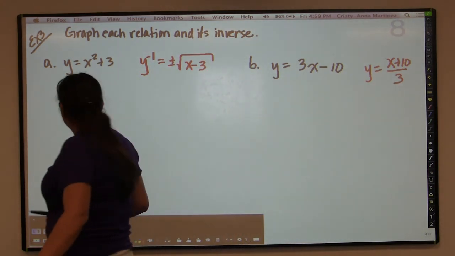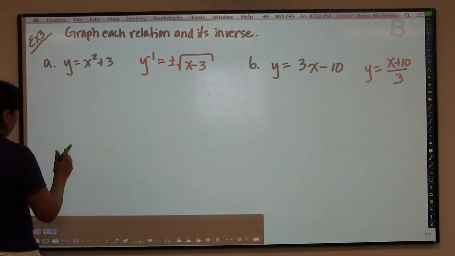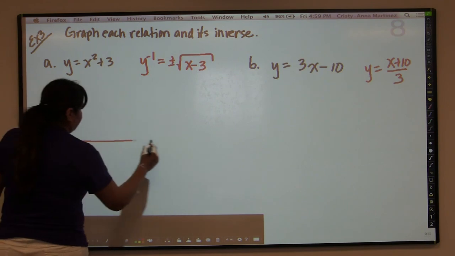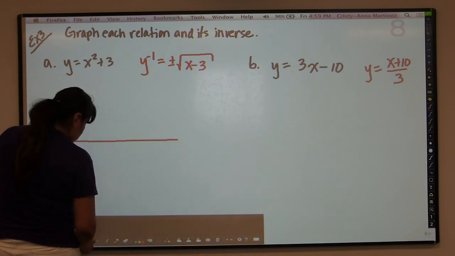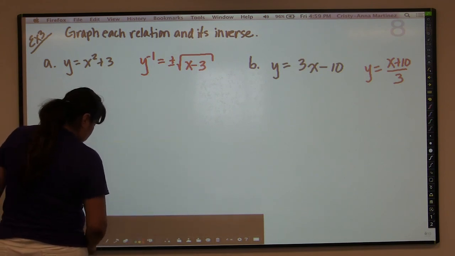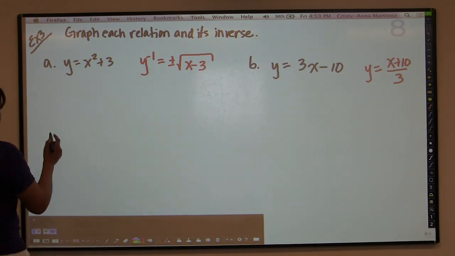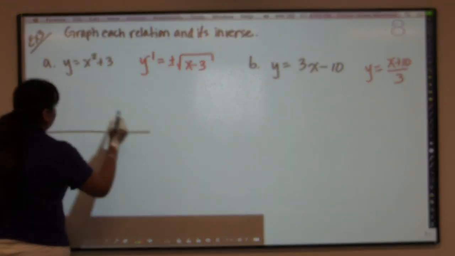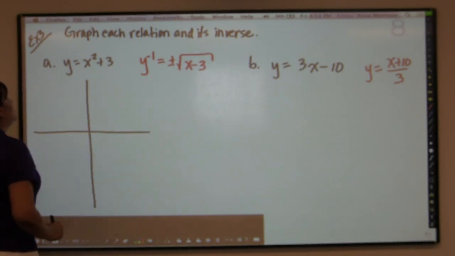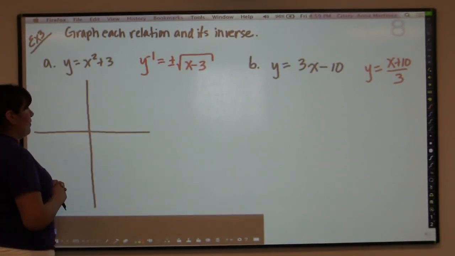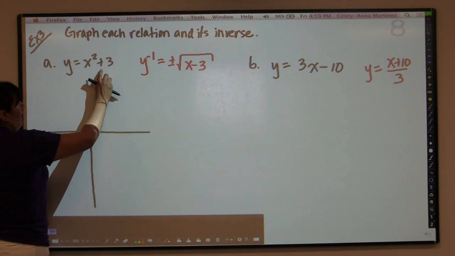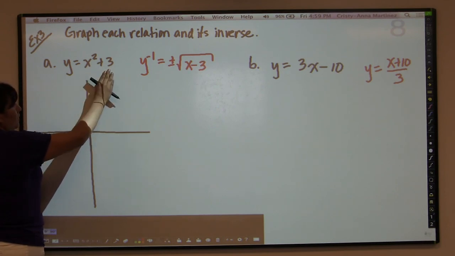So again, I'm going to try to make my graph a little bit better this time, and hopefully it won't come out all crooked. But x squared plus 3, you will recall that when you graph a parabola like this one, it's basically a parabola shifted 3 units up.